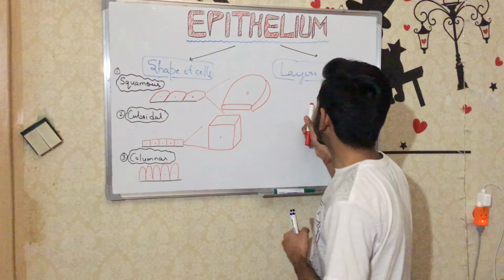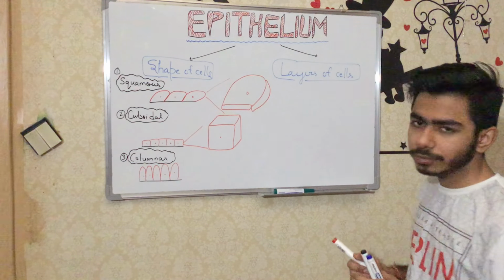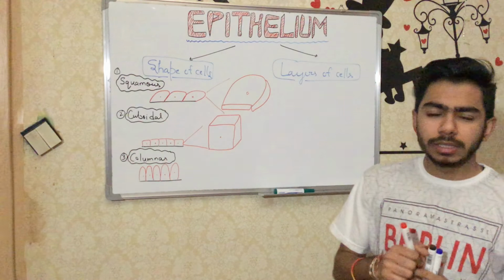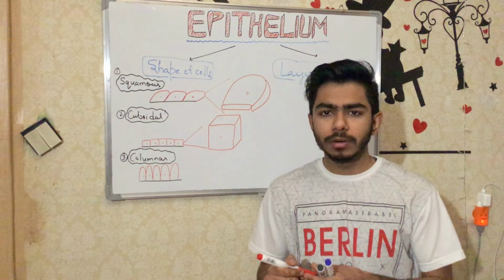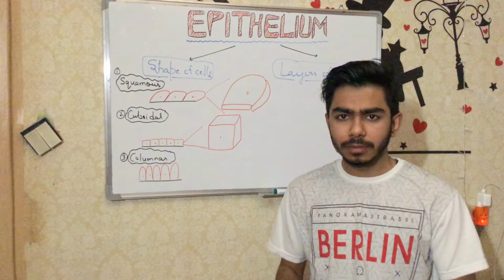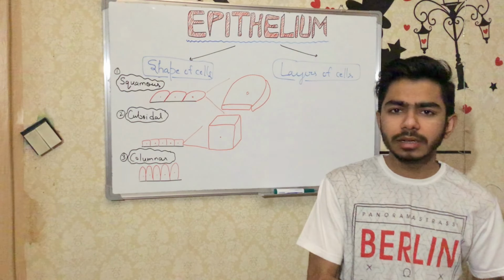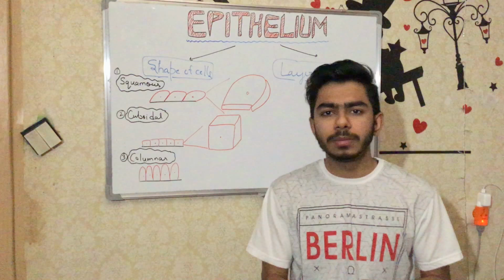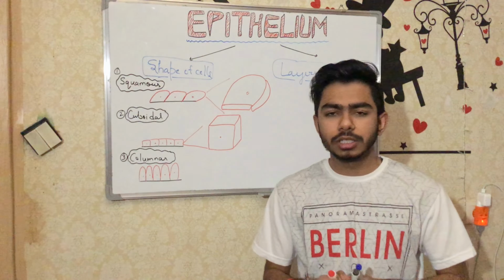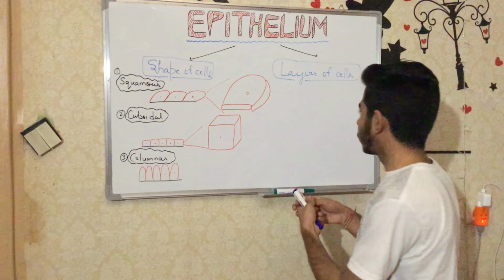Now, if we talk about the layers of the cells, they could be a single layer or multiple layers. The single layer we call simple, and the multiple layer we call stratified.